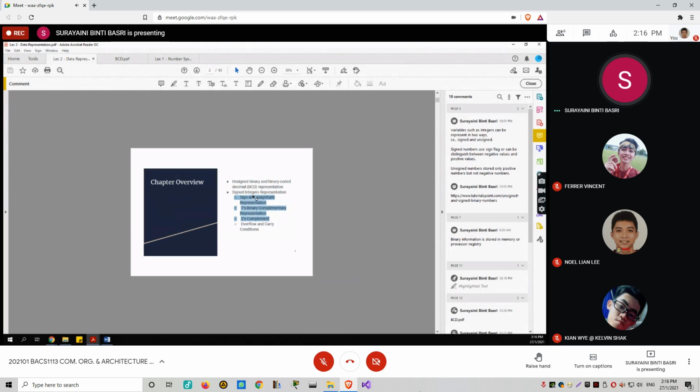After that we will learn until the overflow and carry condition. Next week we will cover floating point numbers, and hopefully we can finish until image data representation. Okay, so this is the topic. I will cover this in this lecture first. Okay, so we proceed.